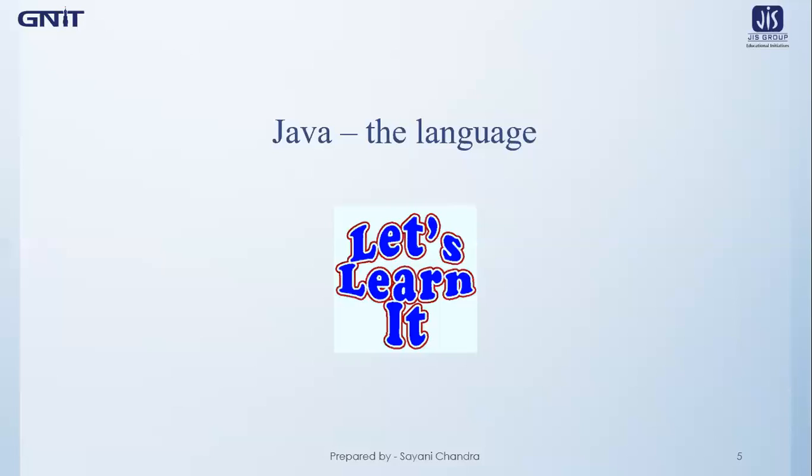There are mainly four platforms or editions of Java: Java SE or Java Standard Edition, Java EE or Java Enterprise Edition, Java ME or Java Micro Edition, and Java FX. Now let us discuss each one of them in brief. The first one is Java SE or Java Standard Edition. It is a Java programming platform.